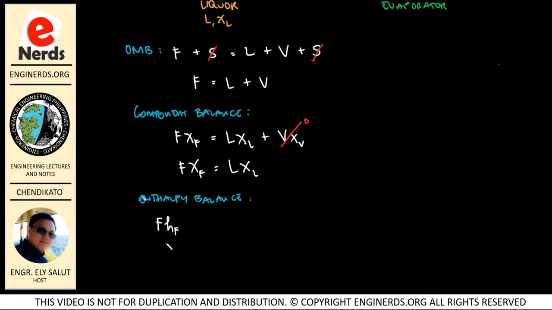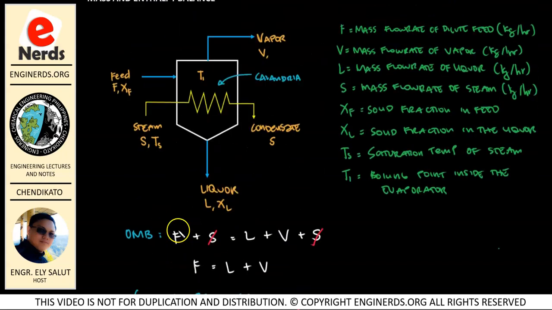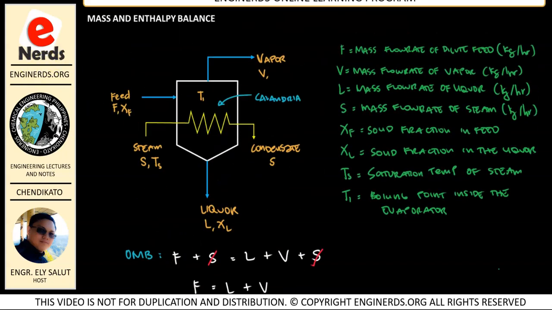And kapag nasa vapor phase naman siya or nasa gaseous phase, we will be writing the enthalpy in capital H. Just for reference, no? Para ma-identify natin alin yung nasa vapor phase at alin naman yung nasa liquid or solid phase, no? So, we have here our enthalpy sa ating feed, which is HF.